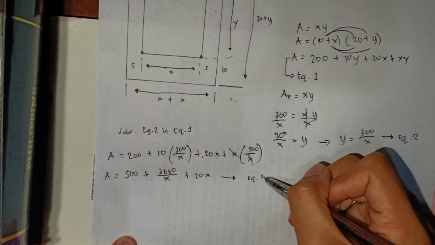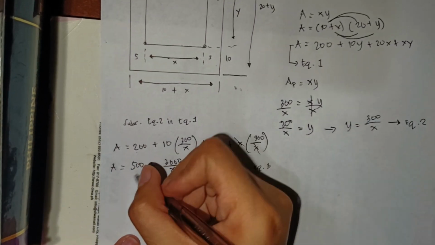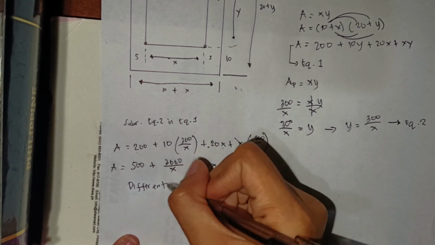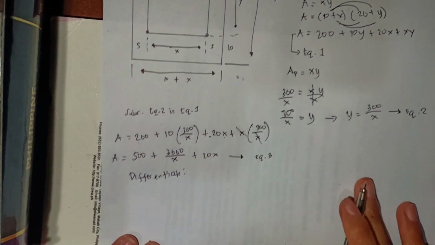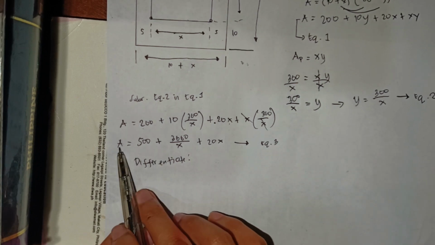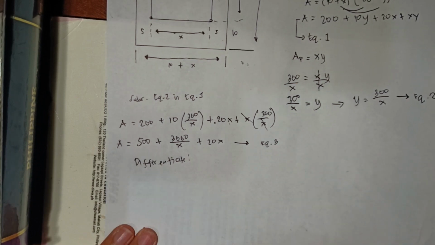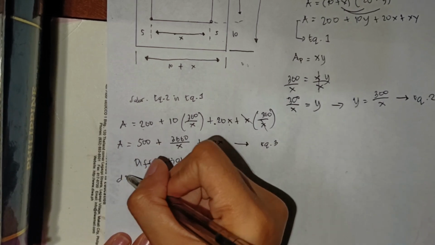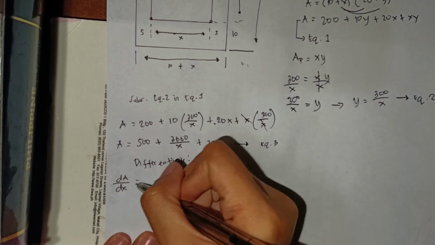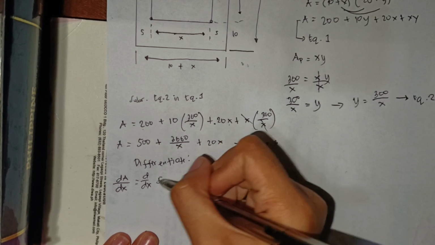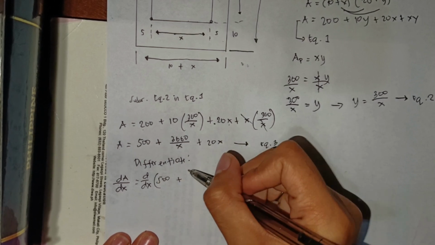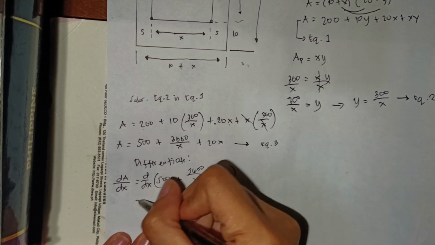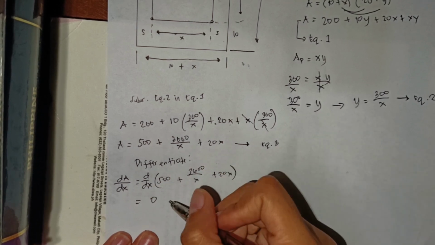Now, let's differentiate the area with respect to x. dA over dx of 500 plus 3,000 over x plus 20x equals 0.